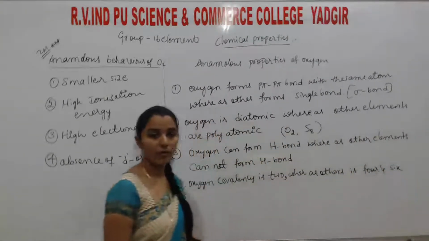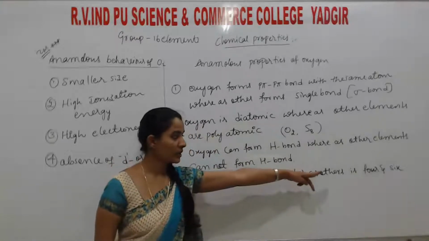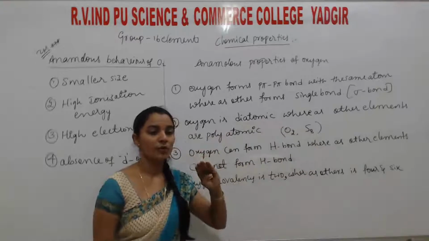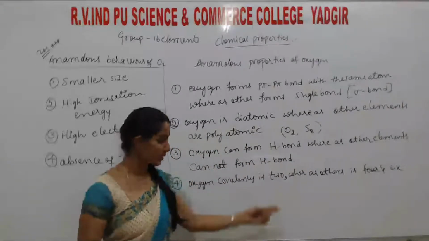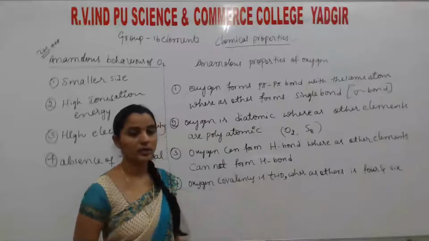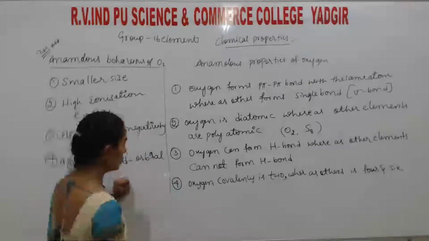Others show +4 and +6, meaning 4 bonds and 6 bonds. That is called covalency. Oxygen has covalency only 2. It can form only 2 bonds.